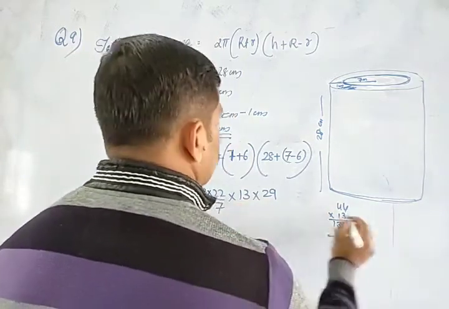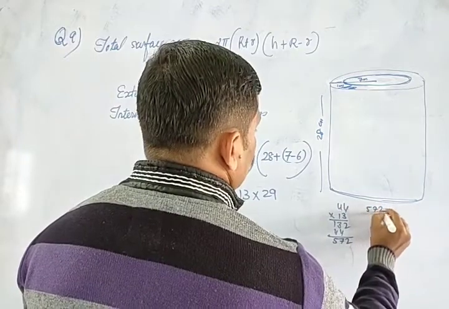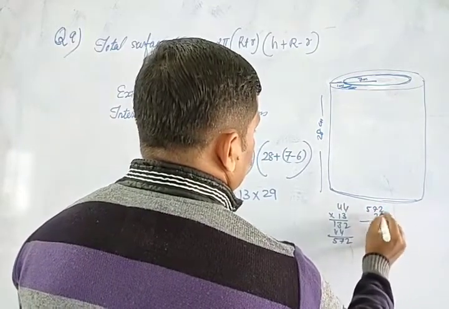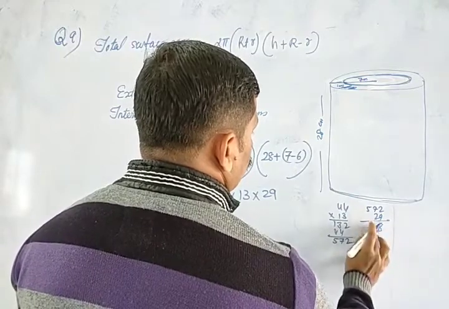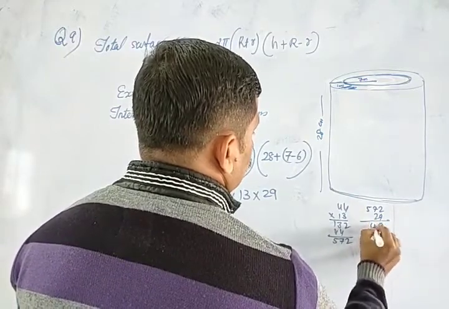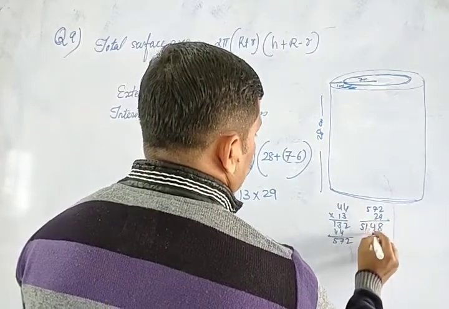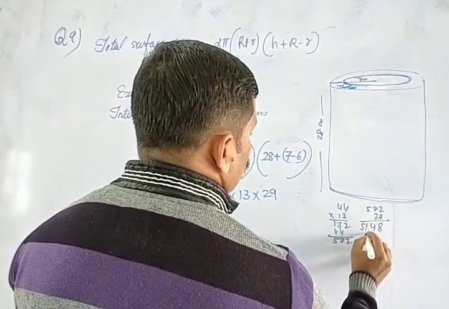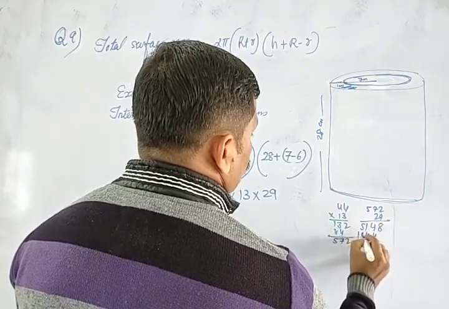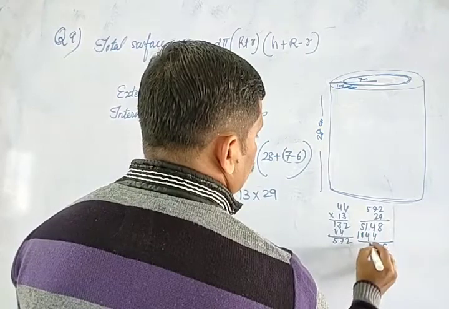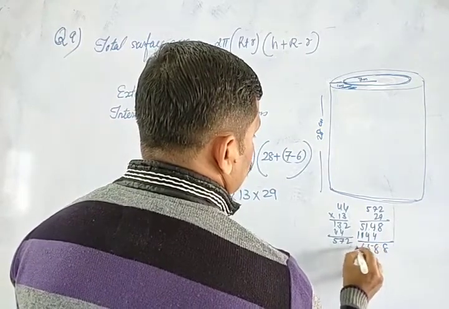572 we multiply by 29, 572 into 29, 9 2s are 18, 9 7s are 63, 64, and 51, and here 2 2s are 4, 7 2s are 14, 5 2s are 10 plus 1 11, 8, 5, 6 and 1.